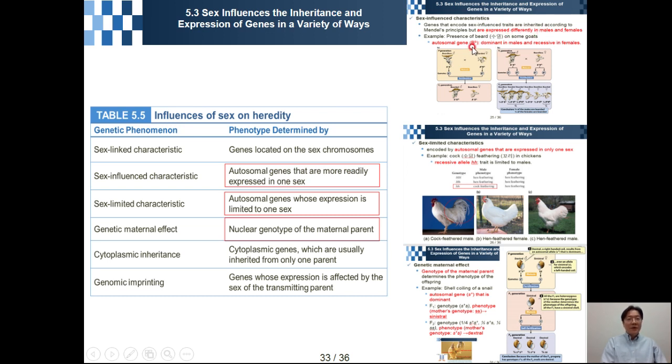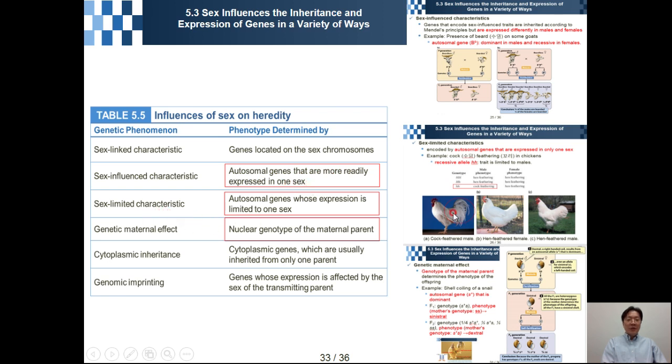For example, the autosomal large B, small b allele is more readily expressed in the male, so it works as dominant in the male, but it is not expressed in the female, so it works as recessive in the female. So sex-influenced means autosomal genes that are more readily expressed in one sex.